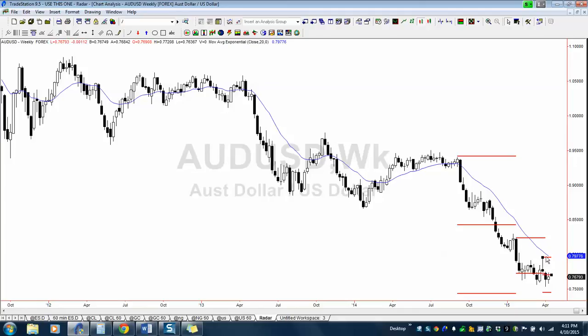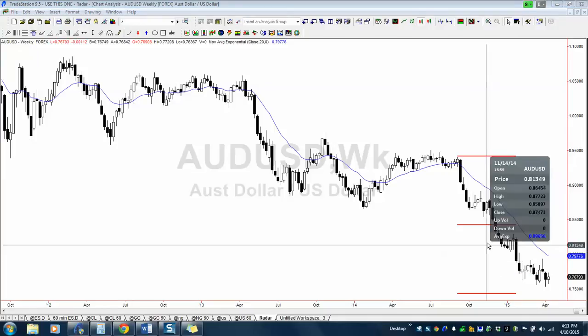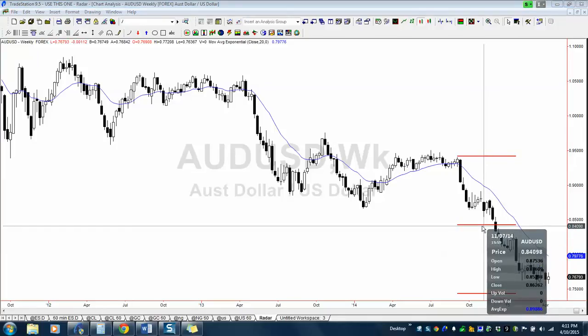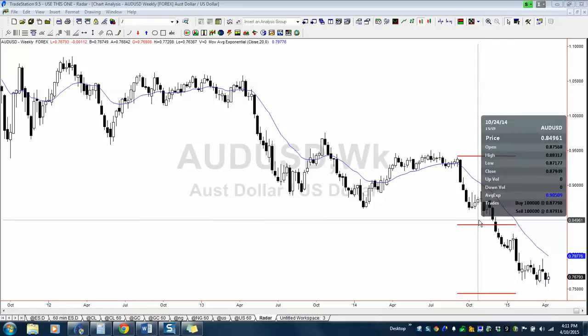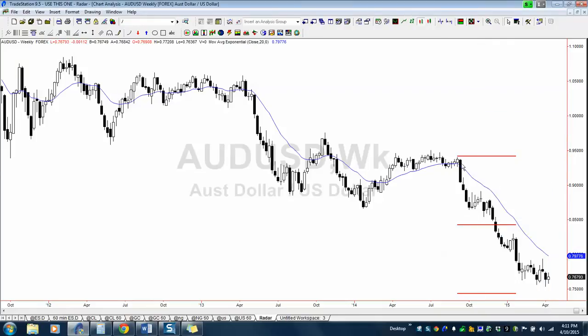But it's not as easy as shorting down here, shorting here, because we've had consecutive climaxes. So you have 1, 2, 3, 1, 2, maybe leg 1, pull back, leg 2, you know.